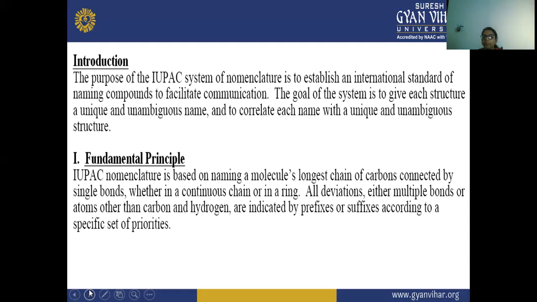So the fundamental principle of this IUPAC nomenclature is based on naming a molecule's longest chain.